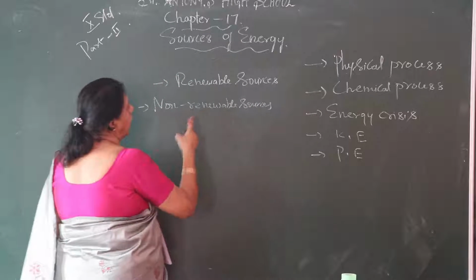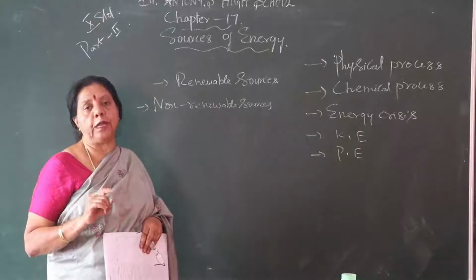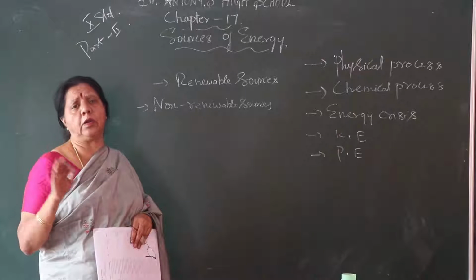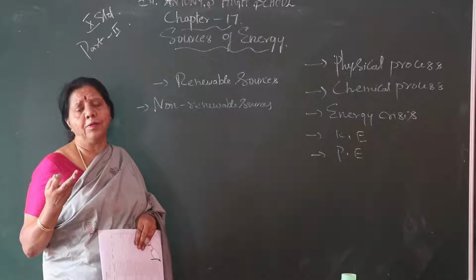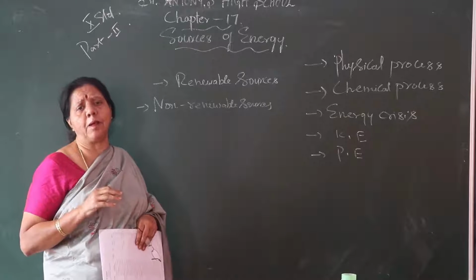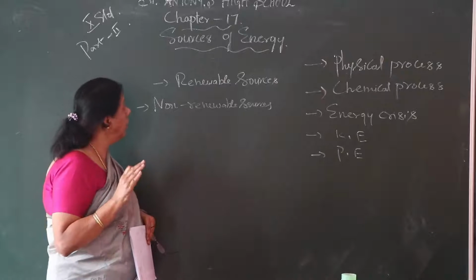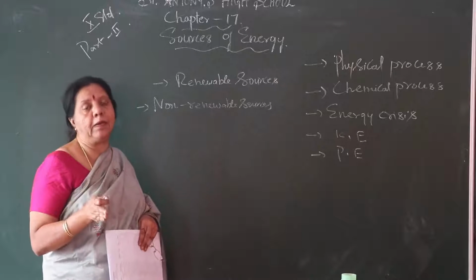A renewable source is permanent. For example, solar energy is evergreen. The Sun, where does it go? A very simple example, water, is a renewable source.